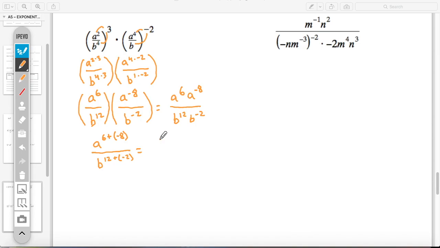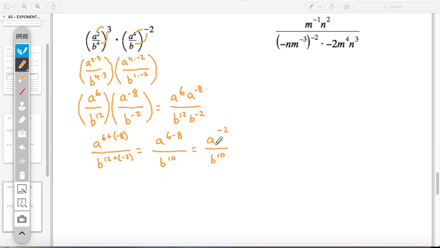So this is the same thing as a to the 6 minus 8, again because of our sign difference there. For the same reason, we have b to the 10th. Okay, so 12 minus 2. So I should have just rewritten this top. So I have a to the negative 2 divided by b to the 10th.